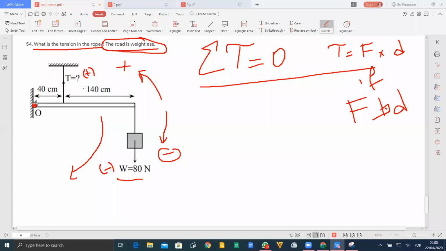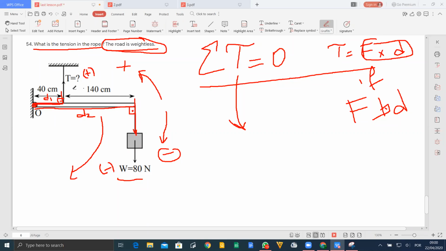Here, this is the first distance, distance 1, and this is distance 2. These are the forces. They are perpendicular, and this is another force, also perpendicular. So there is no problem with that. Directly we can multiply force by distances.